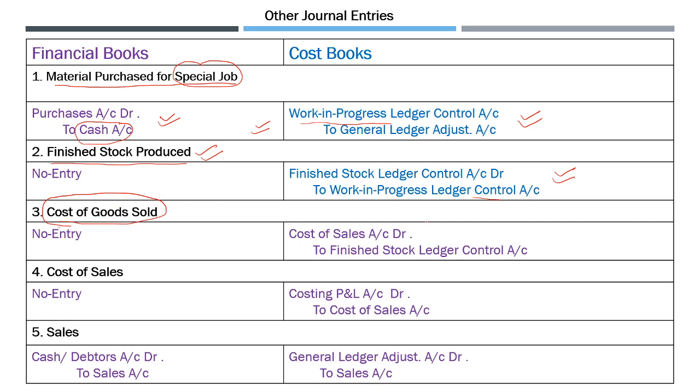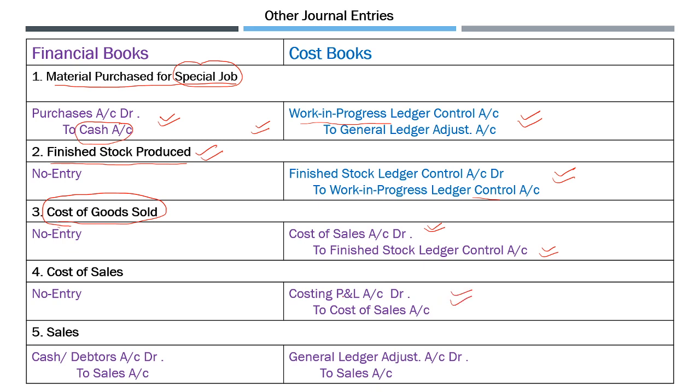So cost of sales is debited and finished stock ledger control account is credited. And when the total cost or the cost of sales transaction is there, then the cost of sales balance is transferred to costing P&L. So costing P&L account is debited and cost of sales is credited.